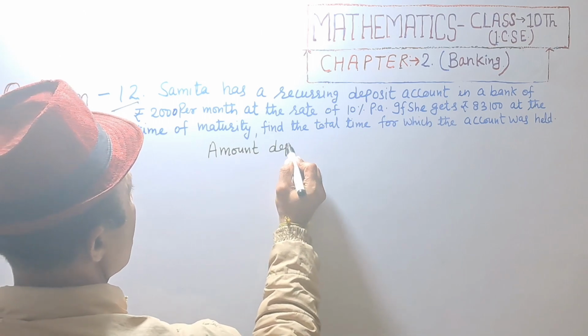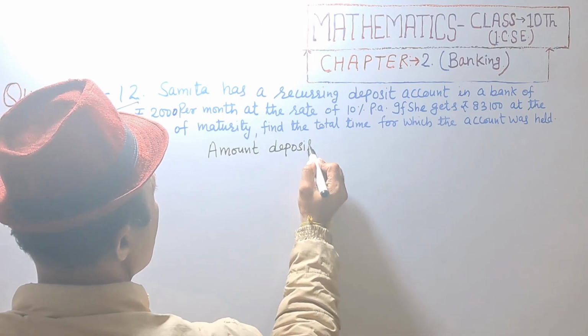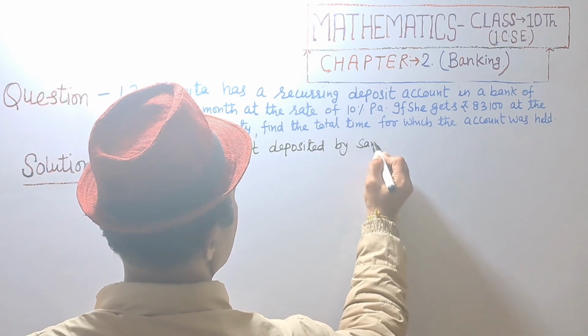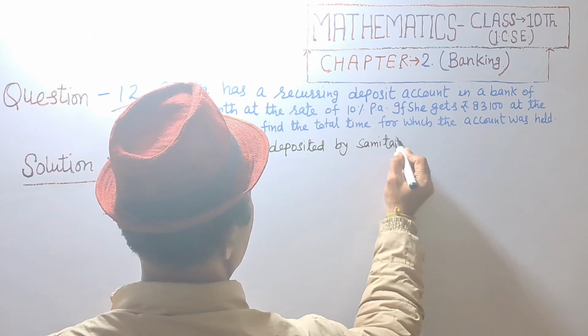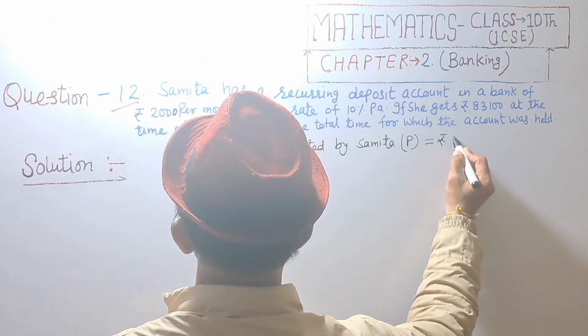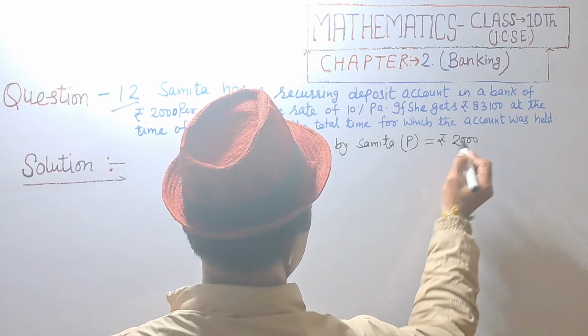Amount deposited by Samita, P is equal to rupees 2000.